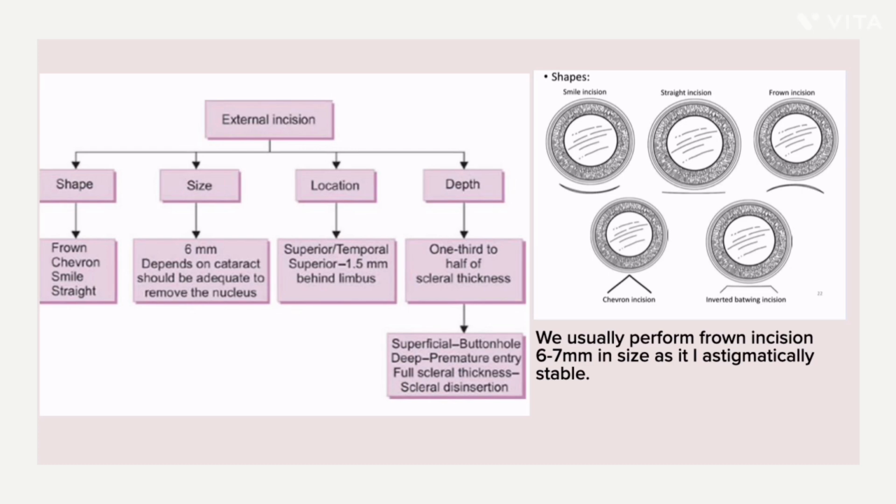It is usually placed superiorly or superotemporally, about 1 to 1.5 mm behind the limbus, at about 1/3 to half of the scleral thickness. Too shallow can risk a buttonhole, and too deep can cause premature entry or scleral damage. Overall, proper design of the incision helps to ensure wound stability and a better surgical outcome.